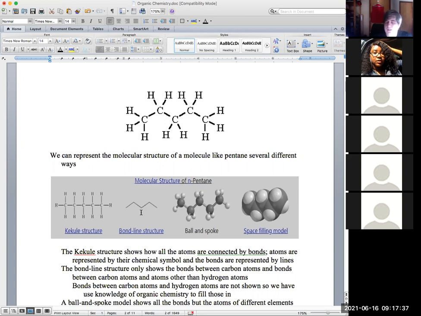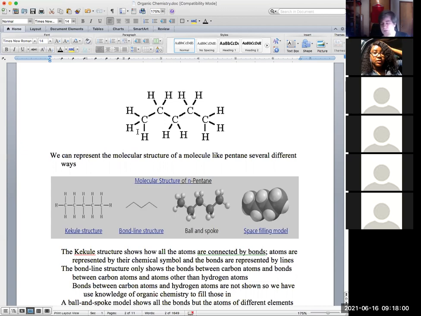So if we think about the very left end of this line, this is the carbon on the far left. To figure out how many hydrogens it has attached, we have to remember that carbon atoms always need 4 bonds. So if we're only showing this bond to the next carbon atom, we have to have 3 hydrogen atoms attached.